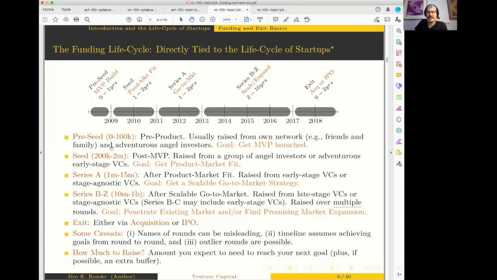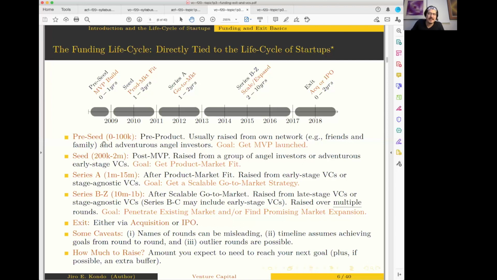But most angels won't do that actually. Most angel investors, and certainly almost every VC, will only invest once they see a product. Unless it's one of these rare startups where it's so expensive to build a product and everyone really believes in the market. Okay. But that's what a pre-seed typically looks like.